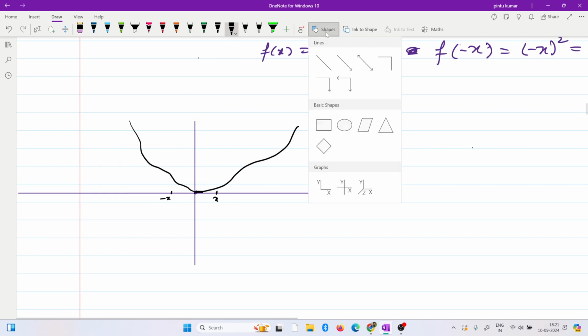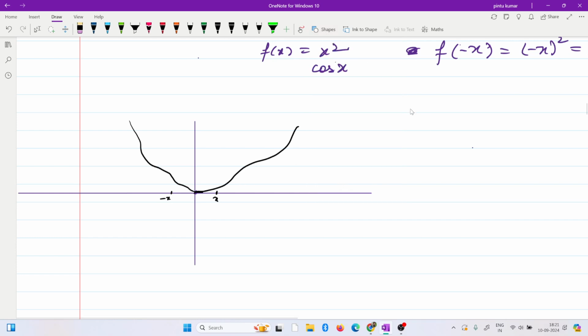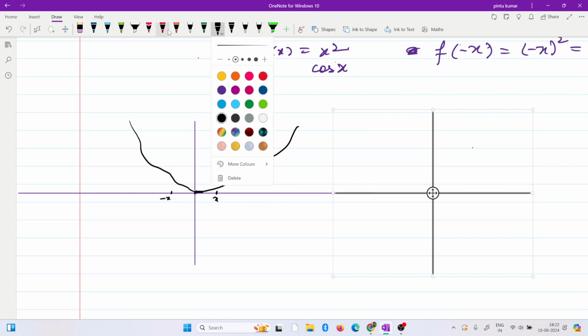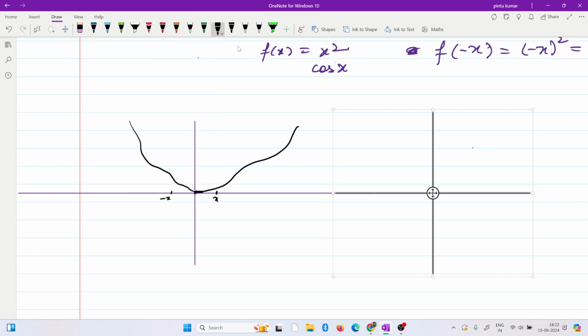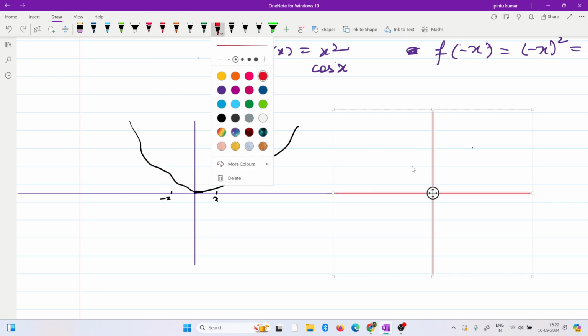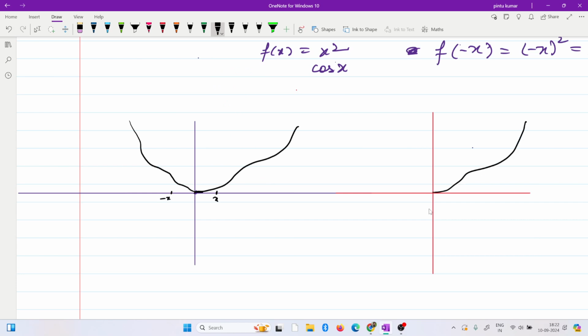And for an odd function, let's try to draw it here. Let's say this is the plot that you have drawn. Then you will have a negative y, right? So it is sort of a mirror image along this line. Is it?